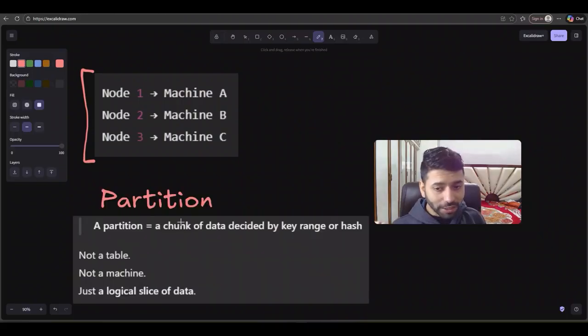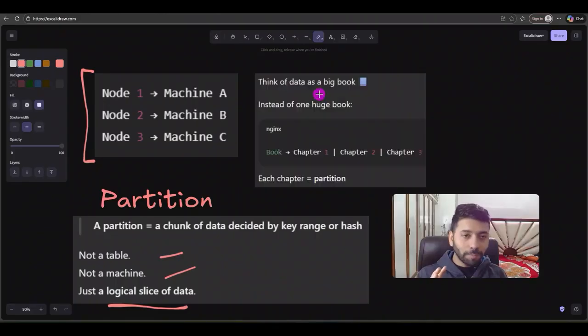Now when we talk about partition, a partition is a piece of data. It's not a table, it's not a machine. It's just a logical slice of data, you can say. If I have to give you a real life example for partition, think of a big book, okay? Instead of one huge book, we want chapters in it. It makes things easier for you. So partition is like chapters.